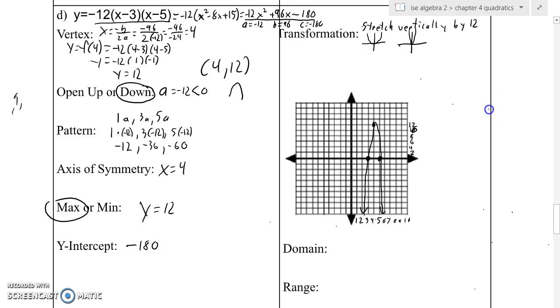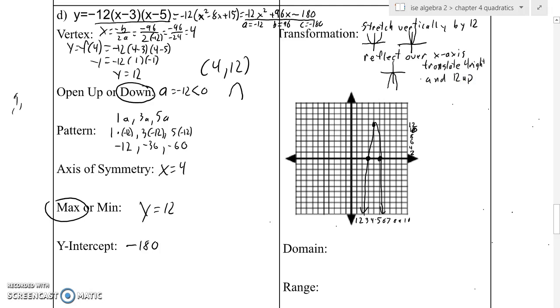We reflect that over the x-axis. So we're taking it and we're flipping it down. And then we translate it 4 right and 12 up. To get the graph that we have.